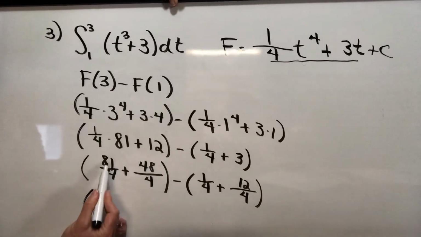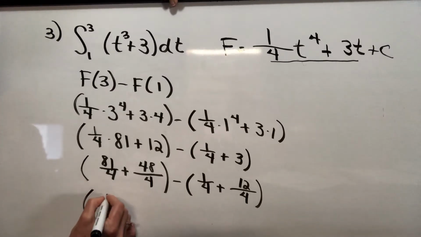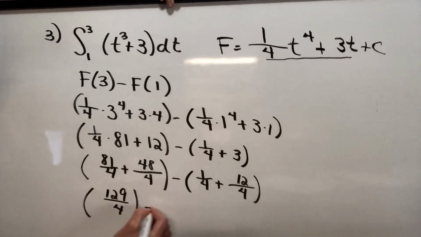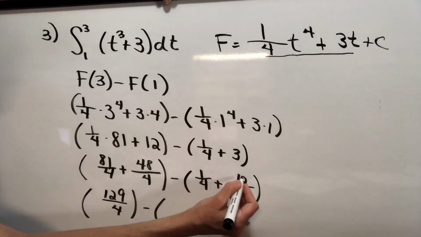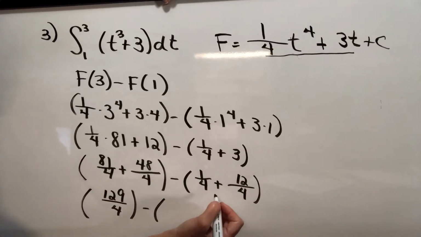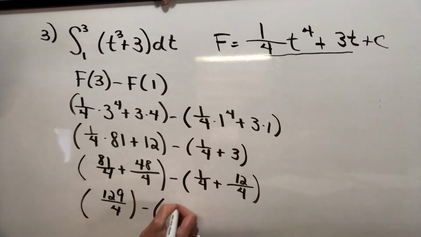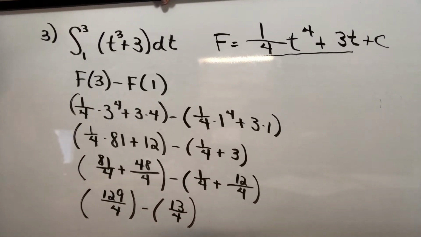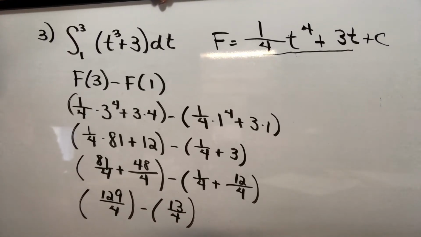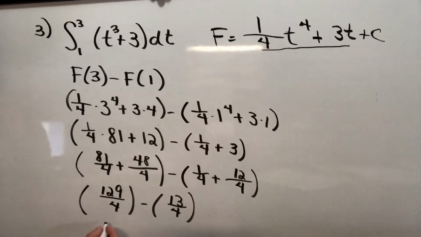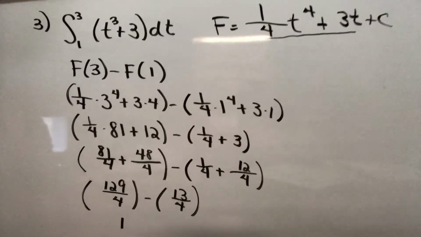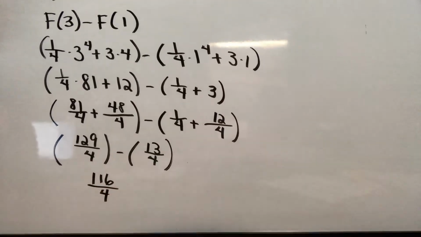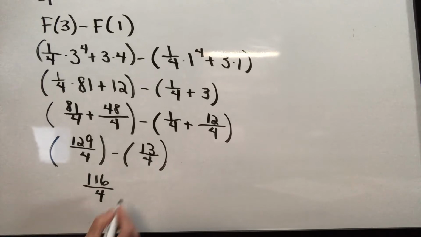Now we can add: 81 plus 36 would be 117 over 4. And over here, 1 plus 12 is 13/4. Then 117 minus 13 would be 104/4.